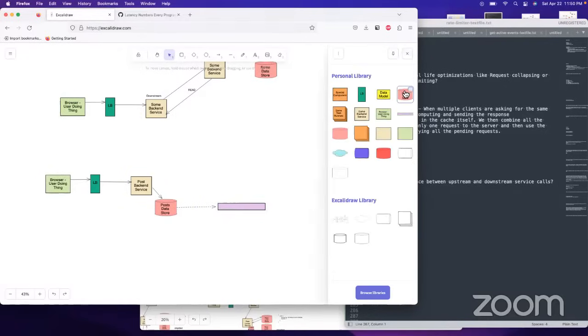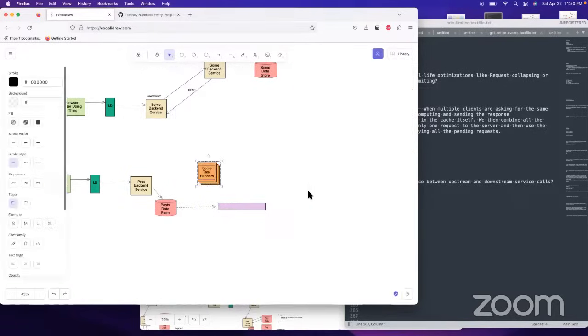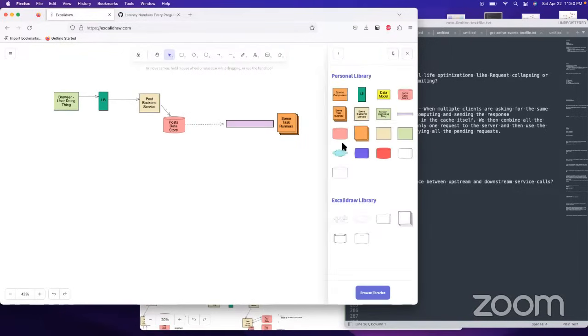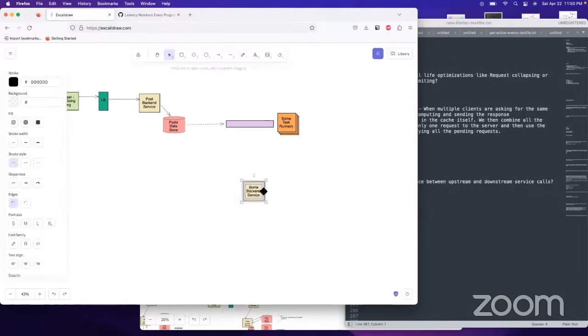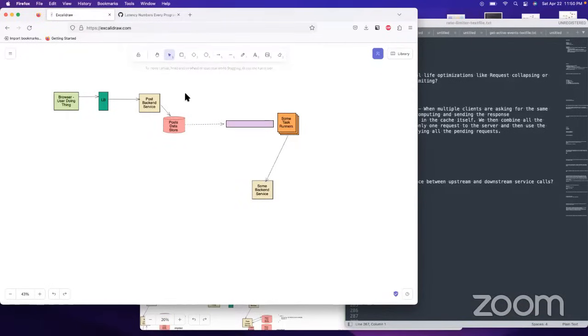And then you've got some other task runners that are stuffing this off into a different backend service where you then have reads happening. So you're copying this, there's some task runners and they stuff it into a replica of your post data store. So now you've got a post data store replica.